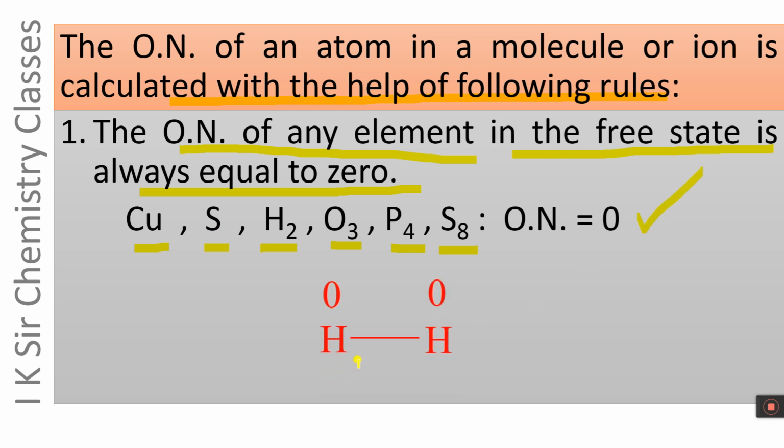If covalent bond is formed between two identical atoms, no charge develops on the atoms, and the oxidation number is 0. In H2 molecule, the oxidation number of hydrogen is 0. Similarly, in all these species, the oxidation number is 0 because the element is present in the free state.